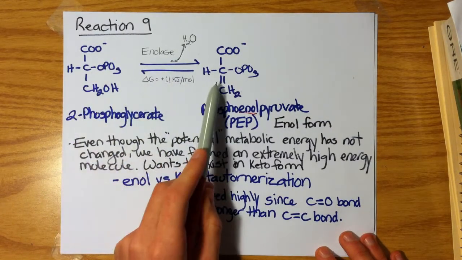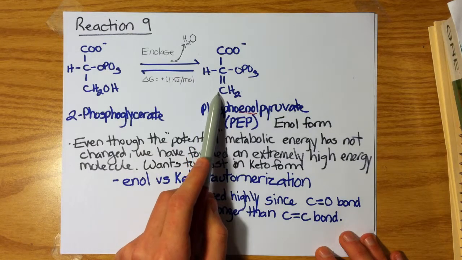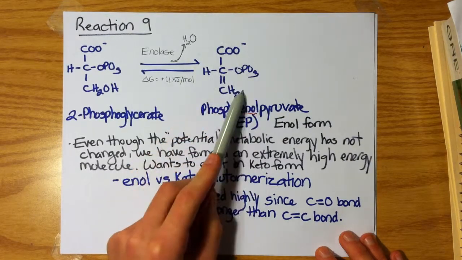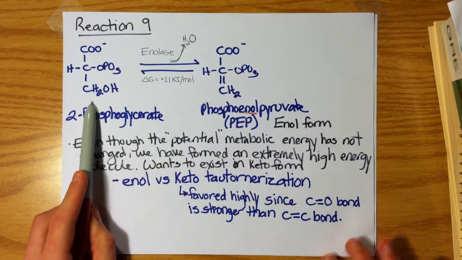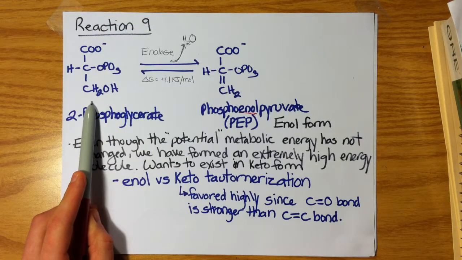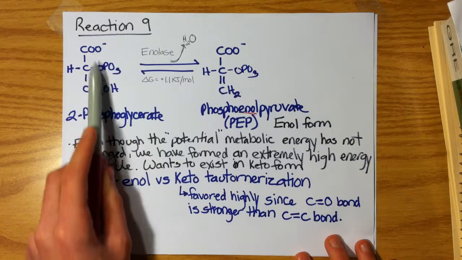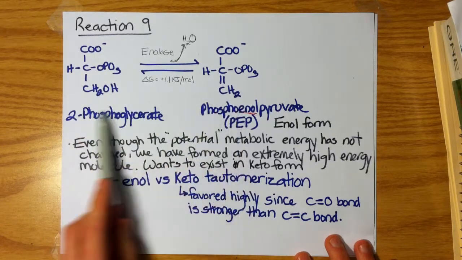We're forming a double bond between carbons 2 and 3, locking in this enol form, which has very, very high internal energy, even though the types of atoms bound within this molecule remain the same.